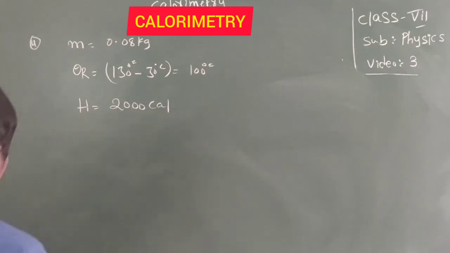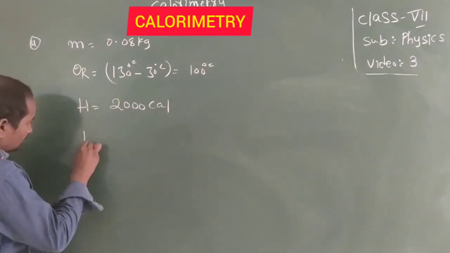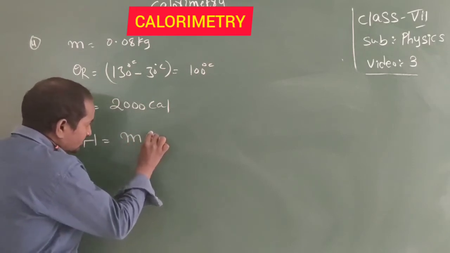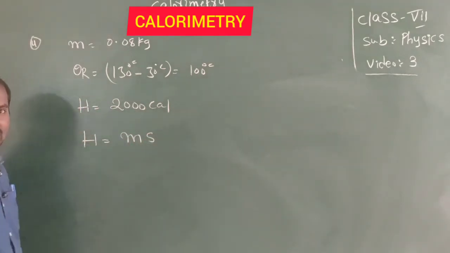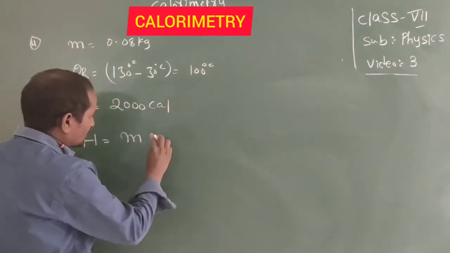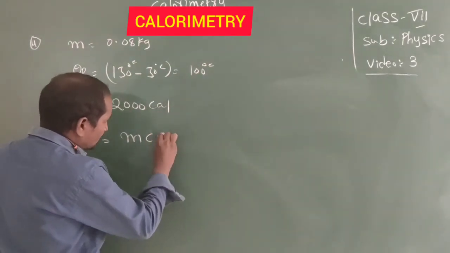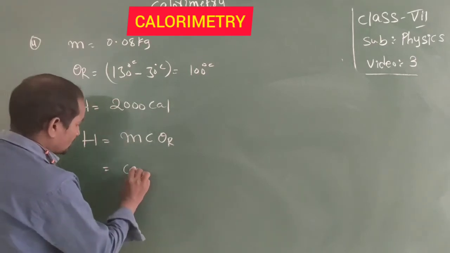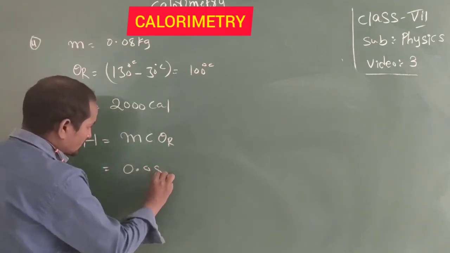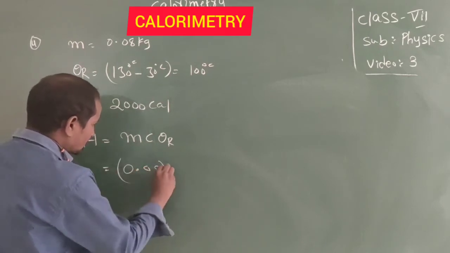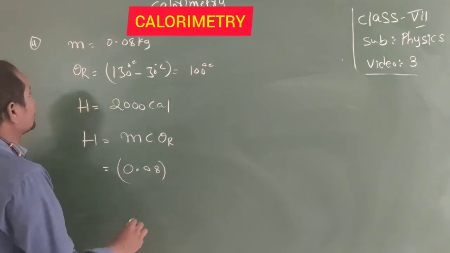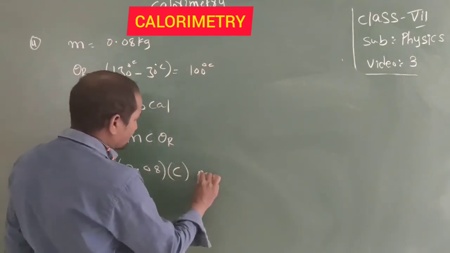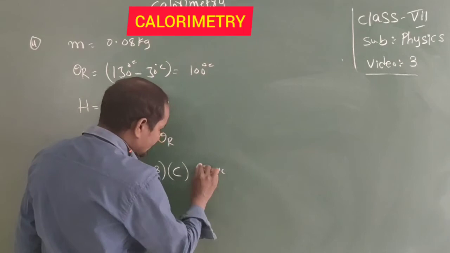So we know the heat energy equals m into specific heat capacity, we can write S or C also, into rising temperature theta, that equals 0.08 kg into 100 degrees Celsius.